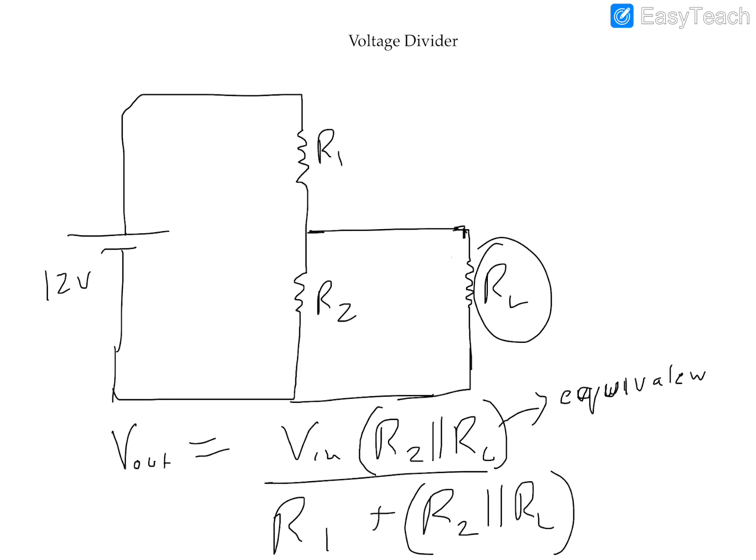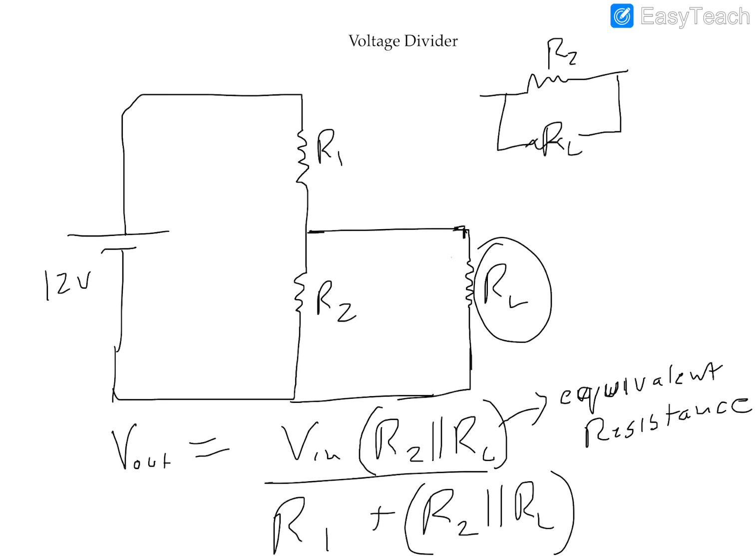If you have two resistors, R2 and RL, connected in parallel, their equivalent resistance is R2 times RL divided by R2 plus RL.